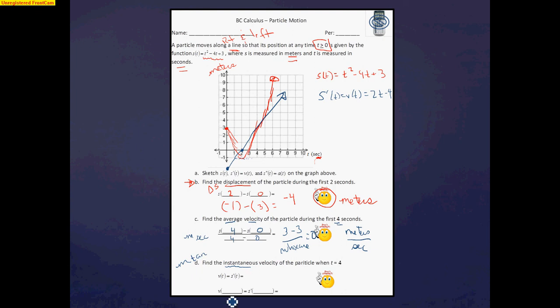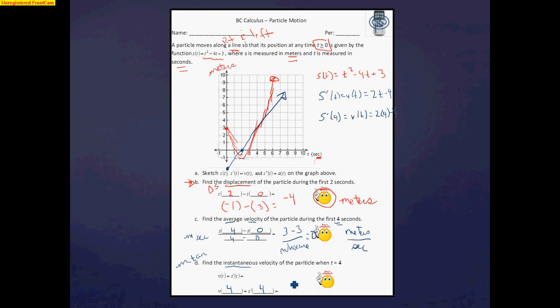So what is v of 4, which is s prime of 4, right? Before, that took a limit to do, not anymore. I have the rule. What is s prime of 4, which is v of 4, which is 2 times 4 minus 4, which is 8 minus 4.